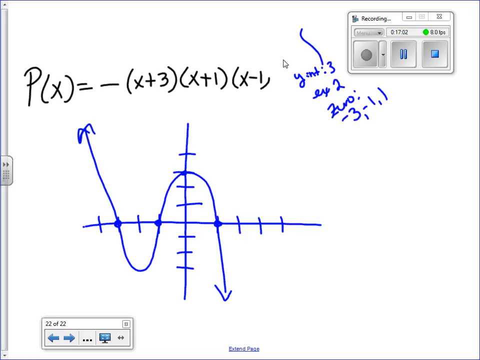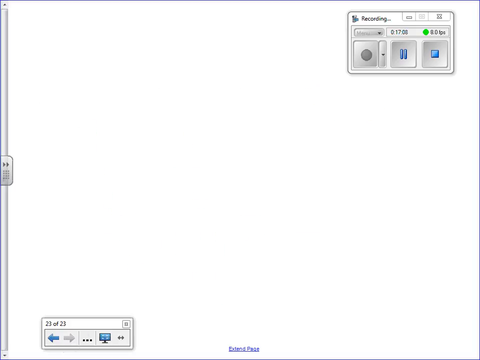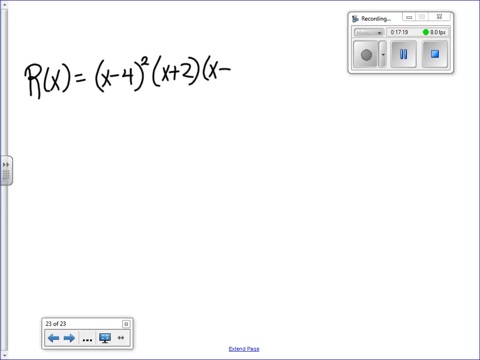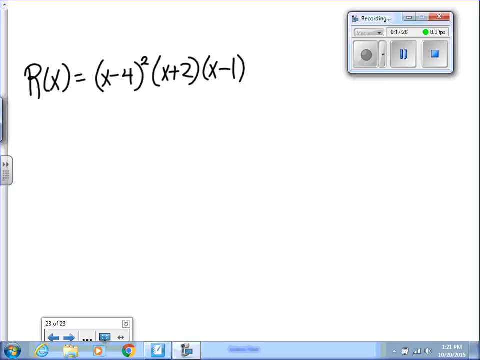We do one more. How about this one? Alright, end behavior. General shape.